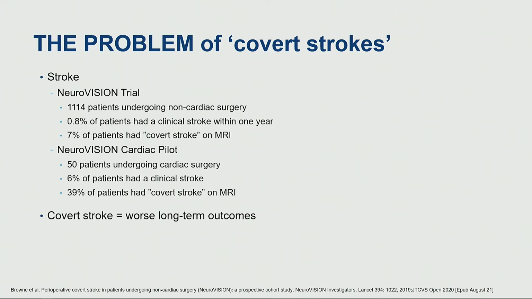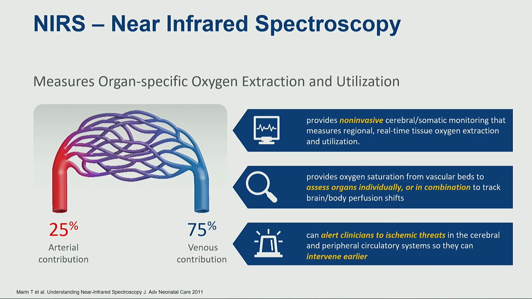These covert strokes have downstream implications in terms of neurocognitive recovery and outcomes for these patients. So while your patient still might wake up okay and get extubated, these strokes will affect quality of life afterwards. There is still ongoing work on the NeuroVISION trial, and we'll definitely talk more as we get more results.